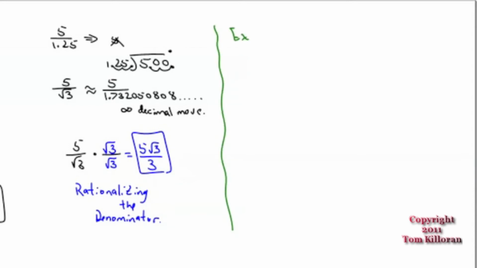My favorite example of all time is something like the square root of 15 over 3. Or even better, separate it, but what should you do?